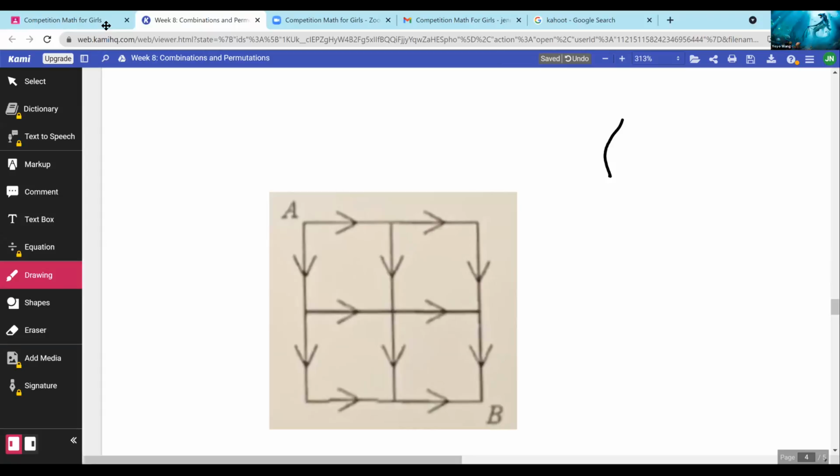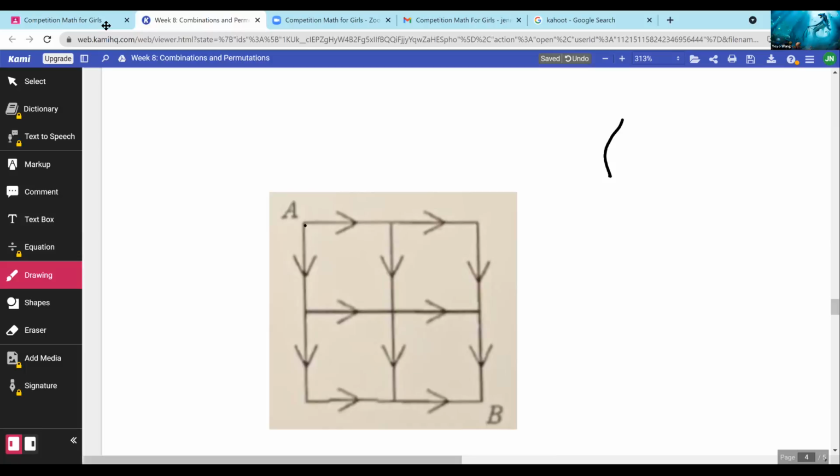Wait, so how many ways are there to this one? I don't know how to, but the first grid point to the right, one square to that point, only has one way to get there.